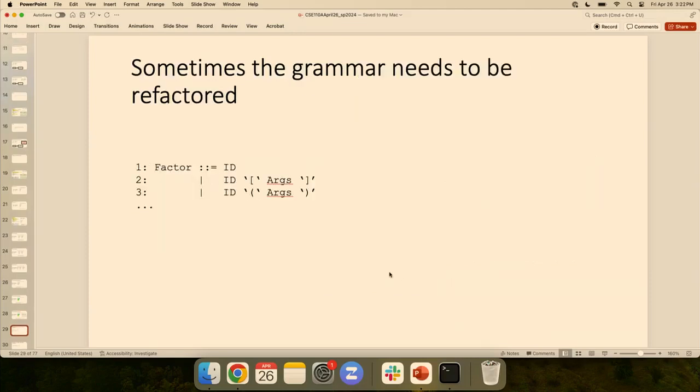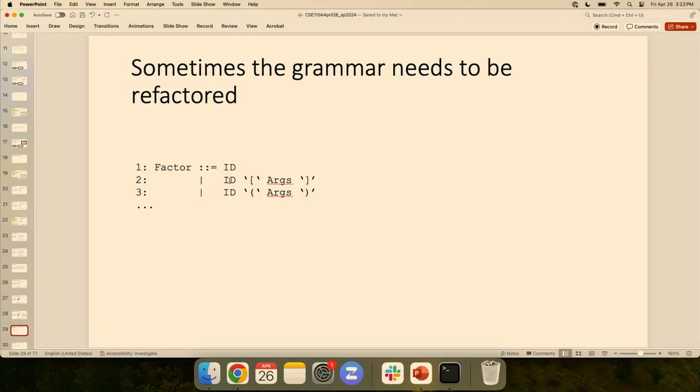Okay, just as a note, not all grammars can be written like this. All grammars you can write in a way that isn't left recursive, so that's nice. But not all grammars are LL1. Sometimes you have a grammar like this. Imagine you have a factor that could be an ID, or maybe you allow array indexing.